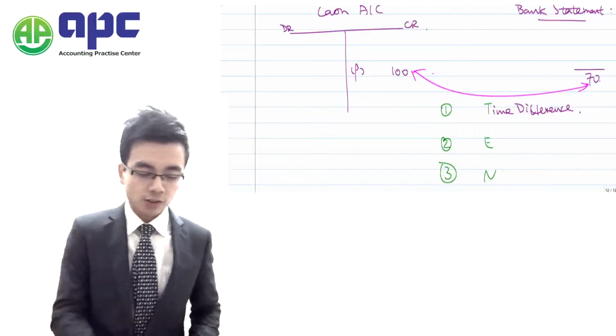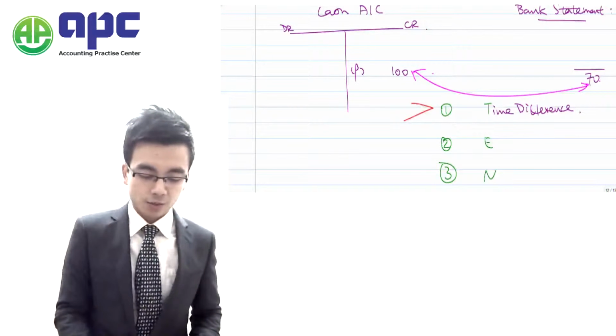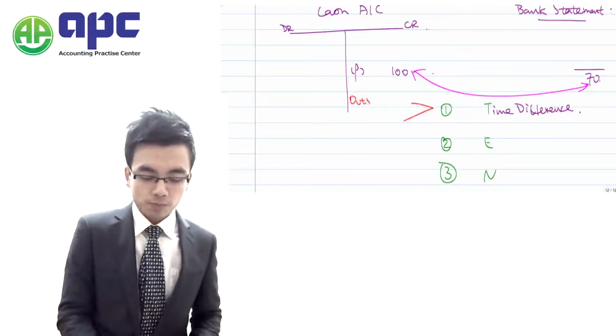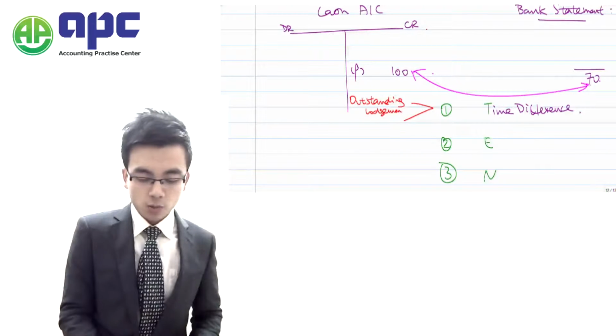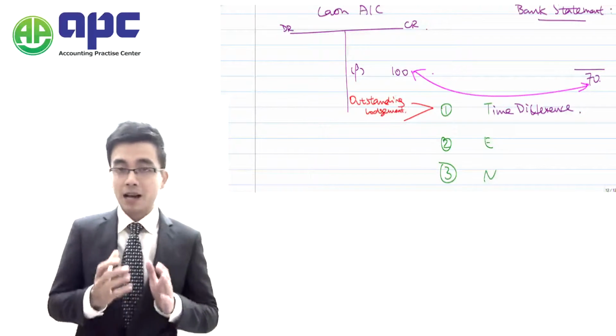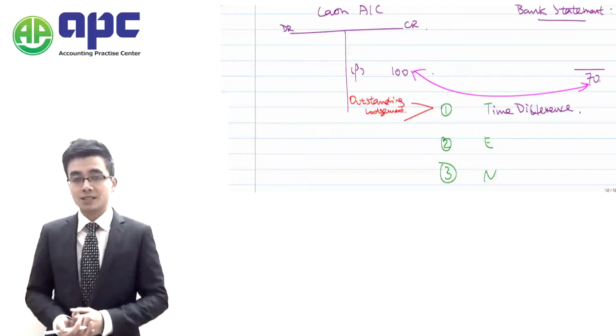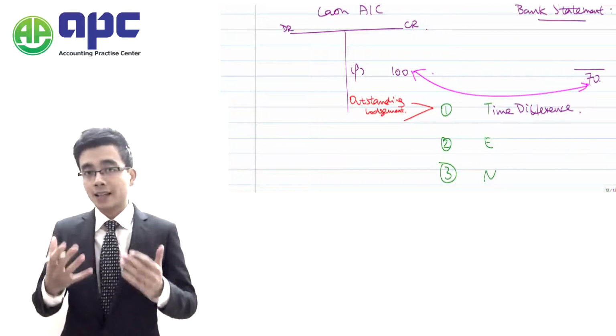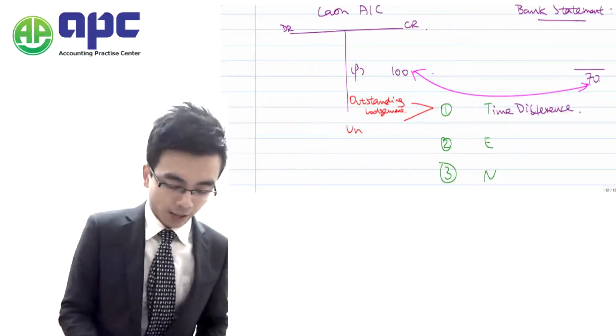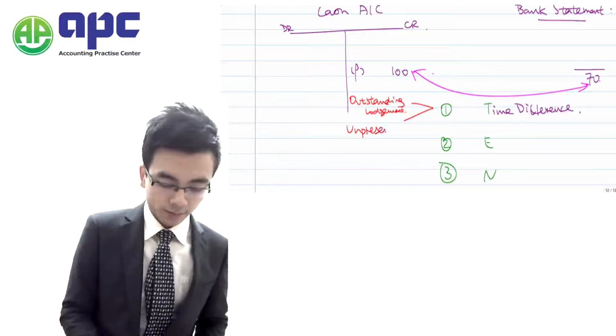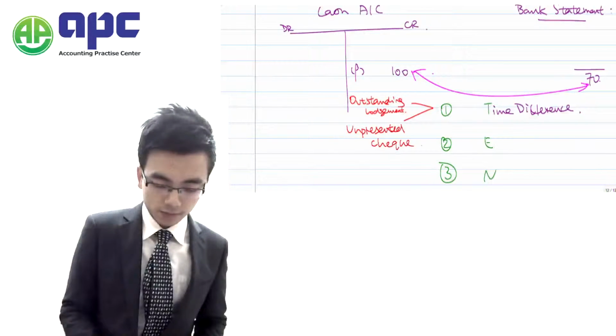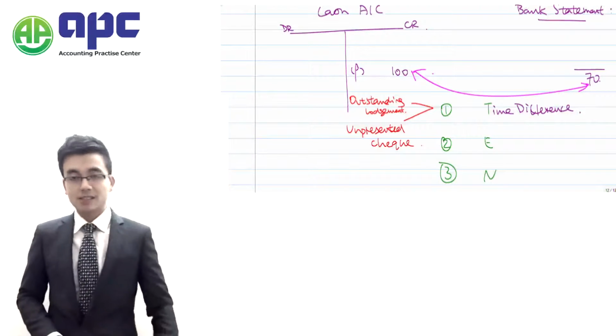Within timing difference, it can be detailed into two. Firstly, it would be the outstanding lodgement, which is what we've seen before: received a check from a customer, but we haven't gone to the bank to clear up this issue. Another circumstance would be the unpresented check. So what do I mean by unpresented check?